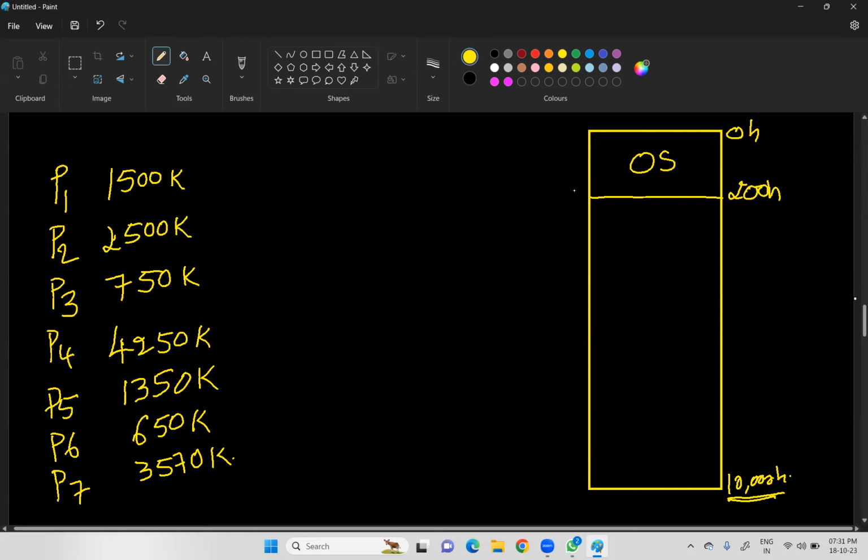Based on the allocation of these processes by the operating system, the entire memory can be divided into several holes having different sizes, not exactly the same size.